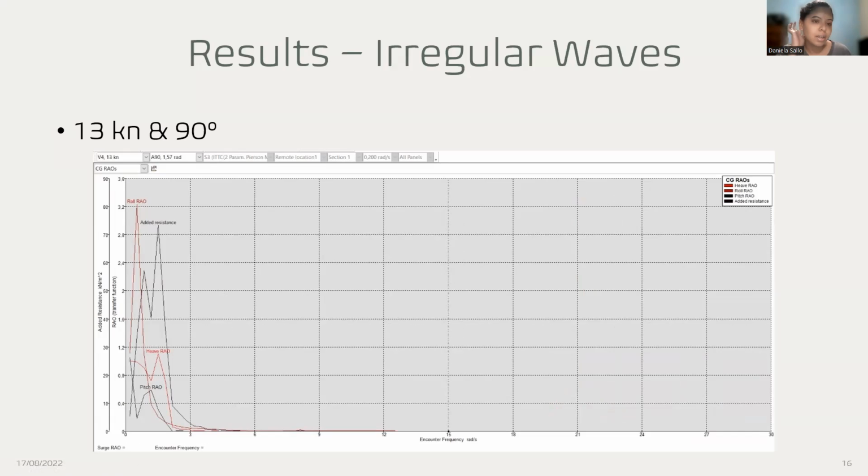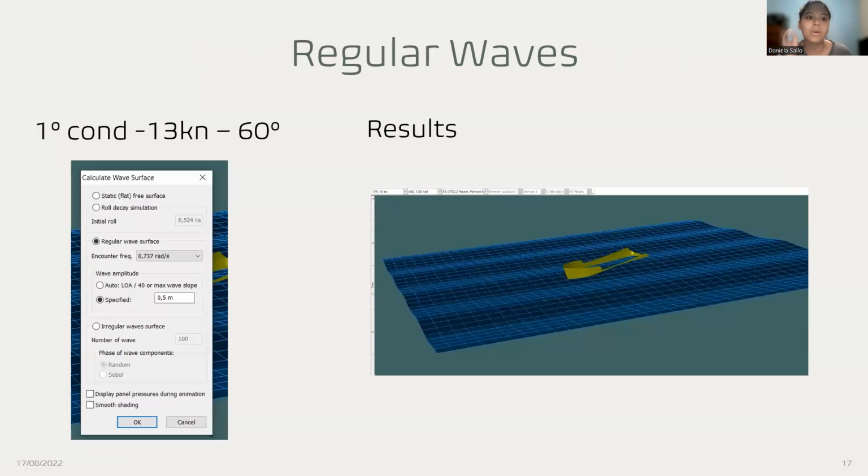Okay, this is for the 90 degrees, and for the regular waves, we obtain the following. In this part, we are going to show only the first loading condition for 13 knots and for sea state 3. So we work with the range that we found in the table.